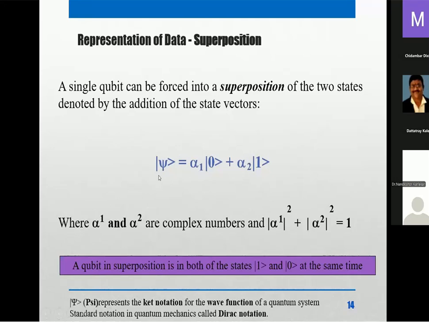You can see the symbol psi, with alpha 1 for the ground level and alpha 2 for the excited state, where alpha 1 squared plus alpha 2 squared, the complex numbers squared, is going to be 1. In the truth table, we can see in more detail how exactly a NAND gate or an OR gate works.